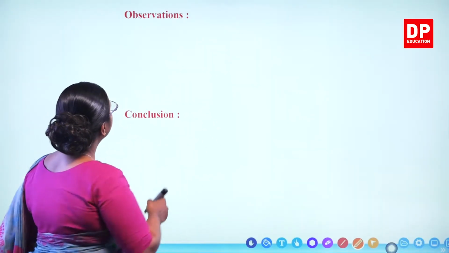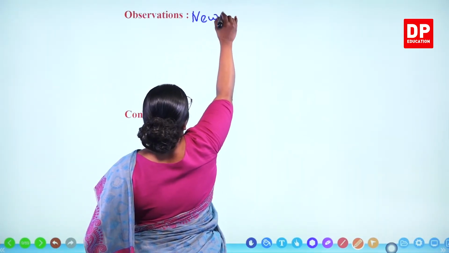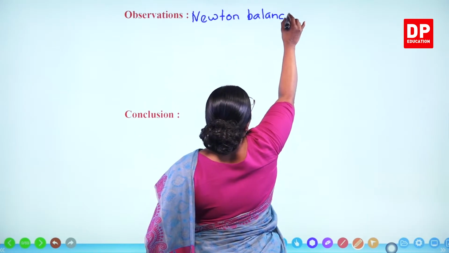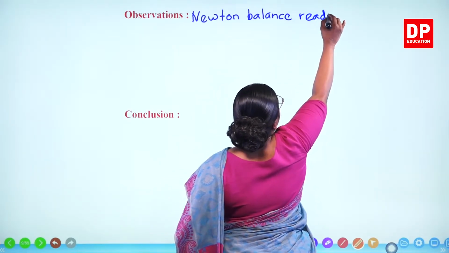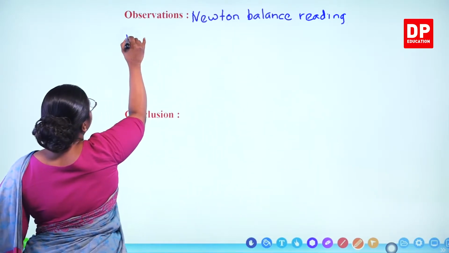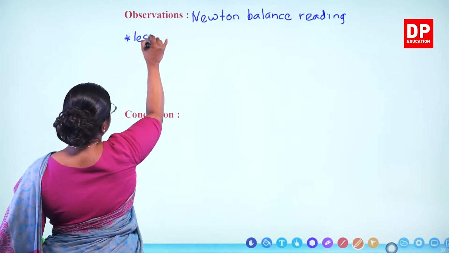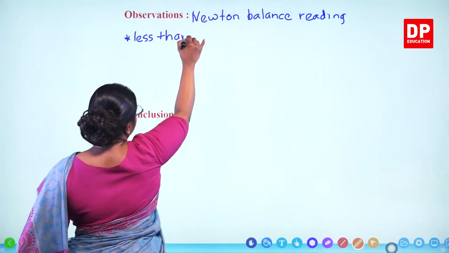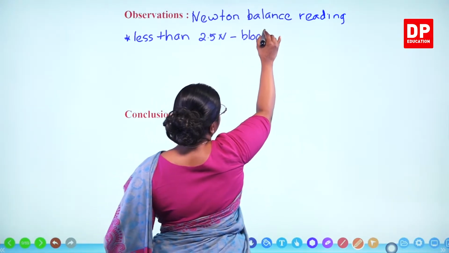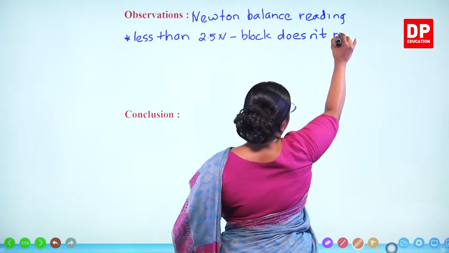So the first reading is: less than 2.5 Newton, block doesn't move.